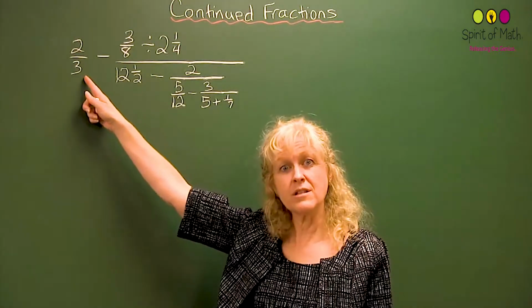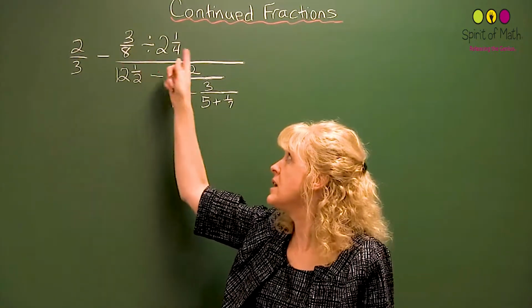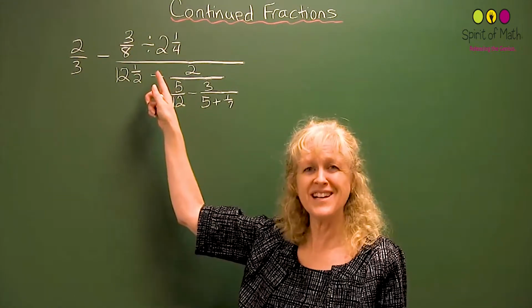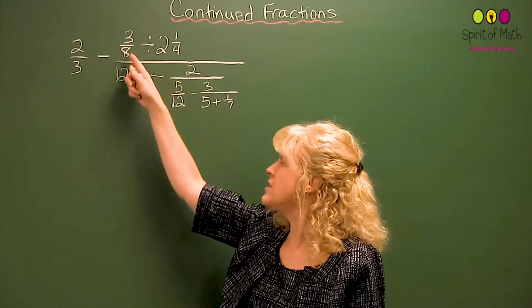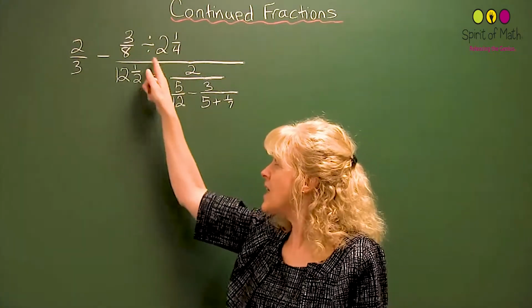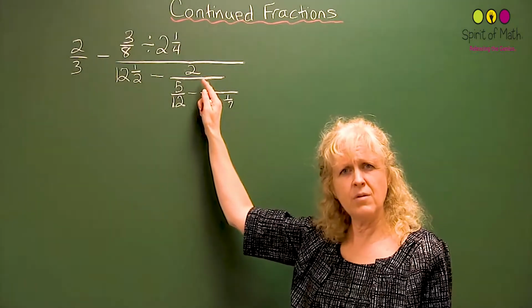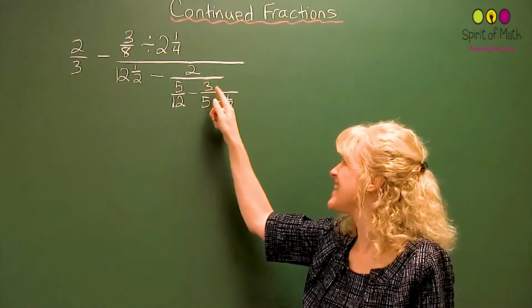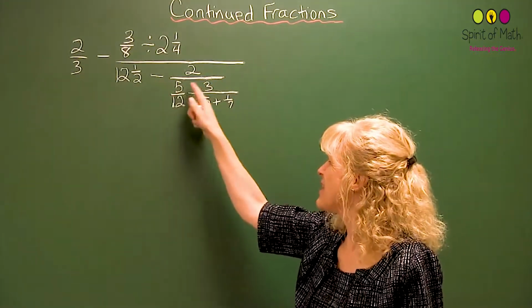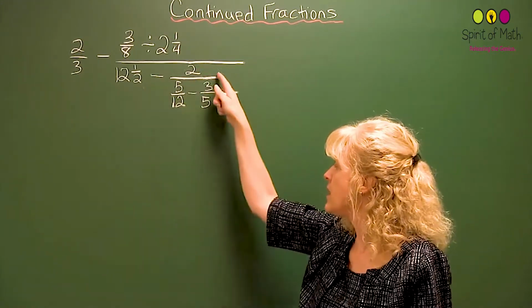Where do we start this type of question? Well, you usually start over here, 2/3 minus and the next thing. Well, what comes next? You could figure out the numerator, but you're going to have to calculate that. And then once you calculate that, then you'd have to divide by the denominator. Well, what is a denominator? So you go to the next part and you keep going back, well, 12 1/2 minus all of this.